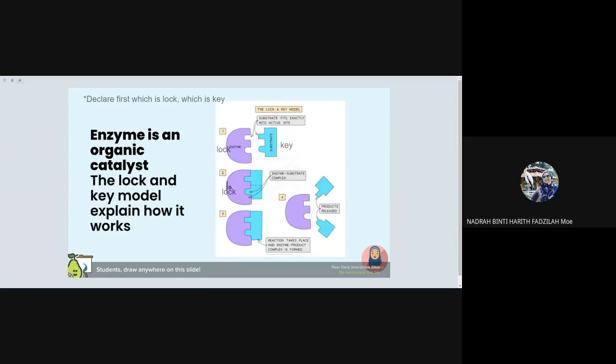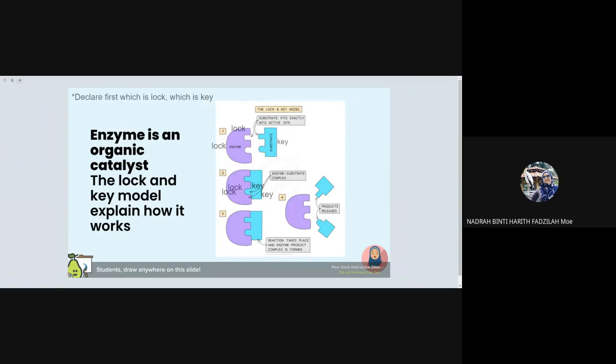So katalah nanti dia bagi substrate tu ialah sucrose misalnya. So sucrose is the key, sucrase is the lock. The enzyme sucrase is the lock, for example. So dalam lock and key hypothesis, kenapa dia guna lock and key?